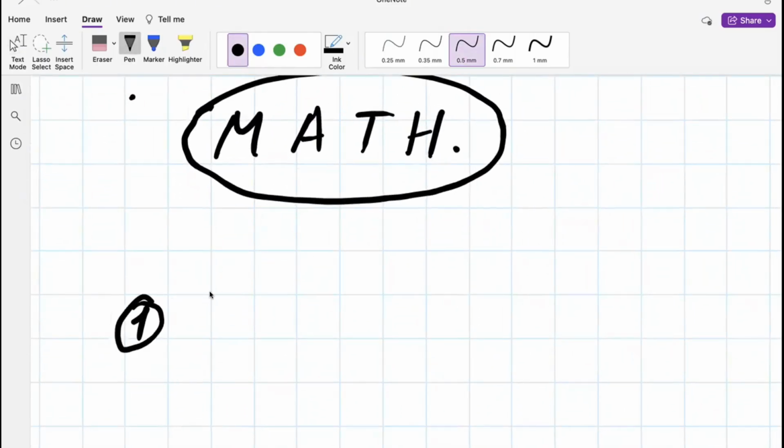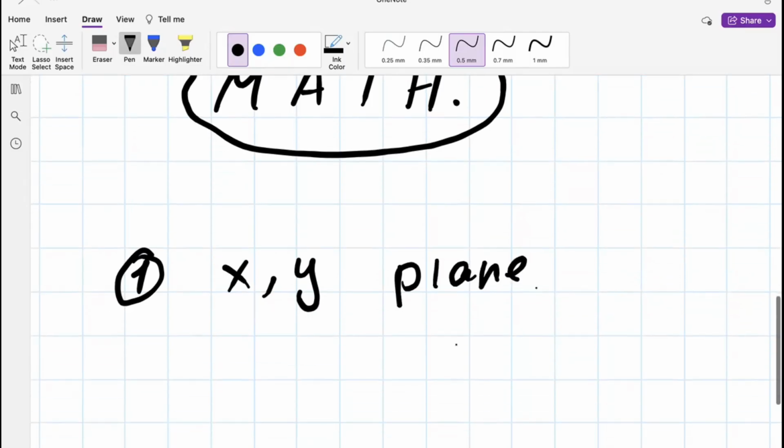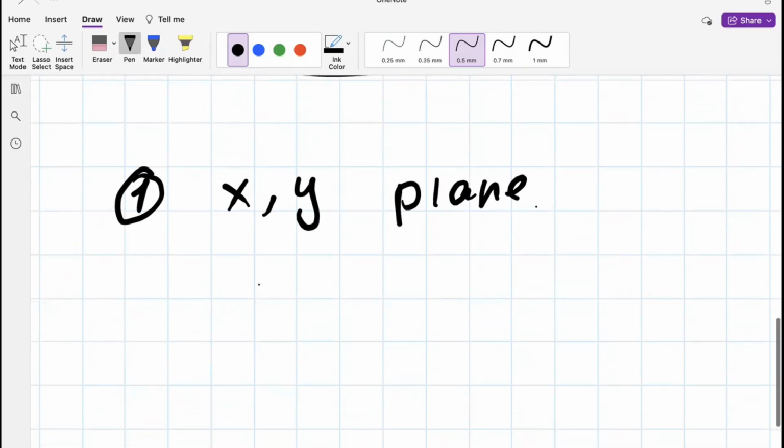The first topic, the easiest one, is to understand the XY plane, being able to see a point, because in the XY plane a point has two coordinates, one on X and one on Y, and we'll try to study with this. So let me write X, Y coordinate plane. I'll just write plane.